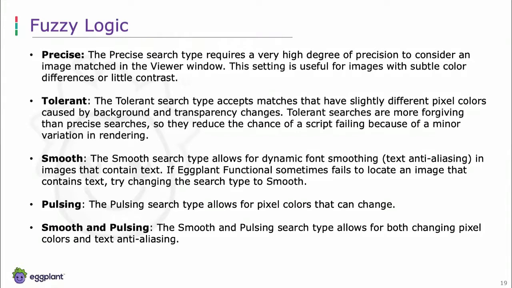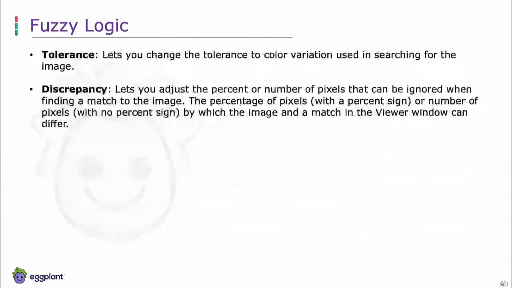Beyond precise, the rest of the techniques are really used to look for images that are drawn differently on the screen. There's even a little more context within tolerance, smooth, and pulsing, and that's tolerance and discrepancy. Tolerance is specifically about the color variation. So if it's yellow versus slightly yellow versus a dark yellow, we can set a tolerance degree to accept all the different types of yellow.